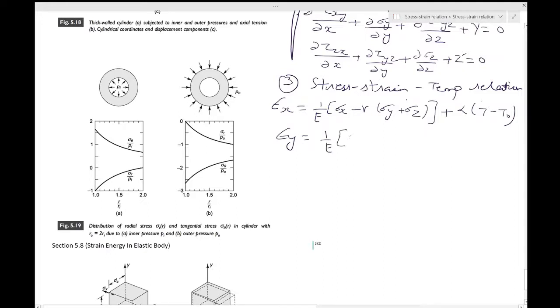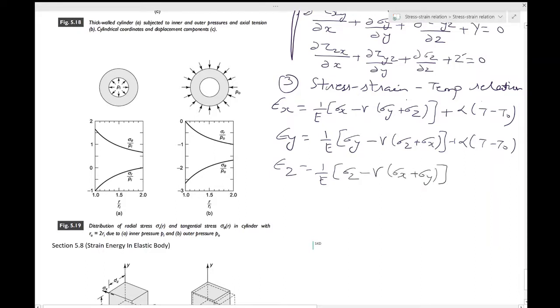Similarly, epsilon y is 1 by E times sigma y minus nu times sigma z plus sigma x, plus alpha T minus T naught. As we had seen in the last class, the strain in the x direction due to the thermal effects will be the same as in the y direction and z direction, because only normal contributions are there and of the same value. And similarly this would be sigma z minus nu times sigma x plus sigma y, plus alpha T minus T naught.